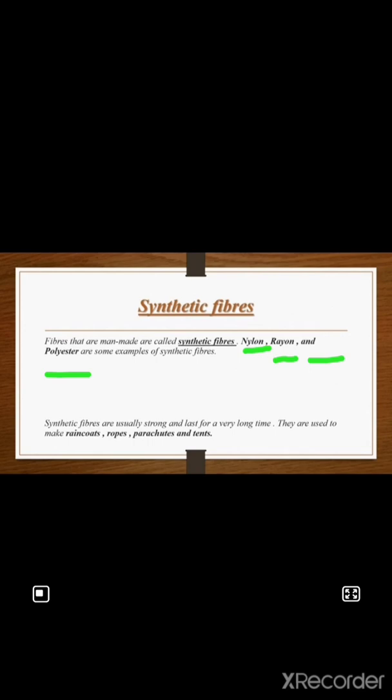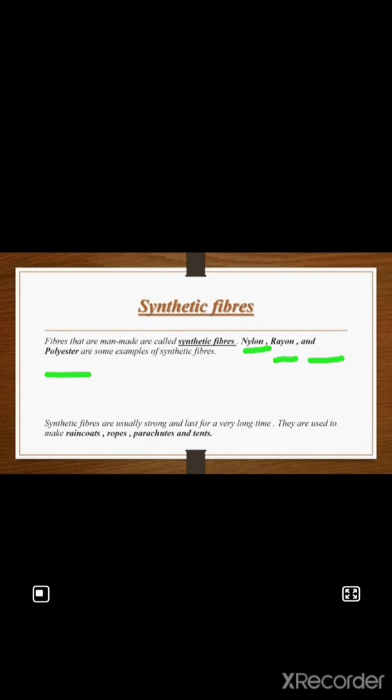Synthetic fibers are usually strong and last for a very long time, right? They are used to make raincoats, ropes, parachutes and tents. These are the examples where we use synthetic fibers.